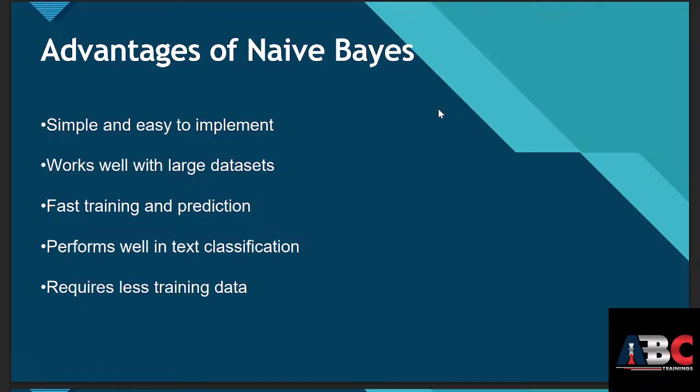Simple and easy to implement. One of the biggest advantages of Naive Bayes is that it is very simple to understand and implement. The algorithm uses Bayes theorem, which uses probability calculation to make predictions, and the formula is logical and straightforward.